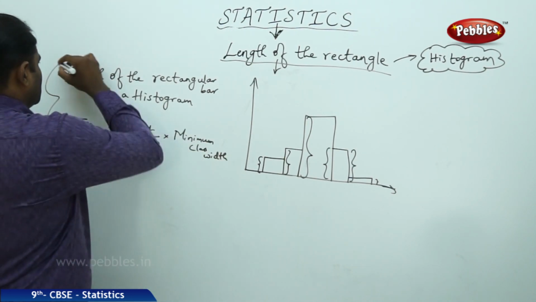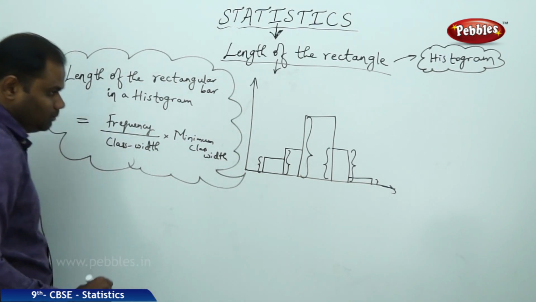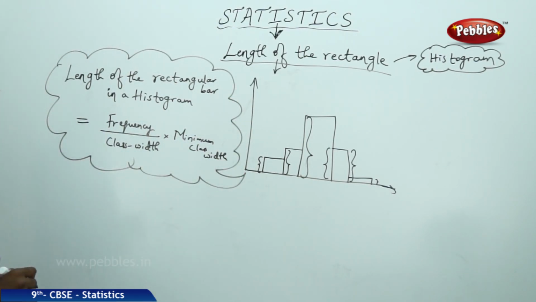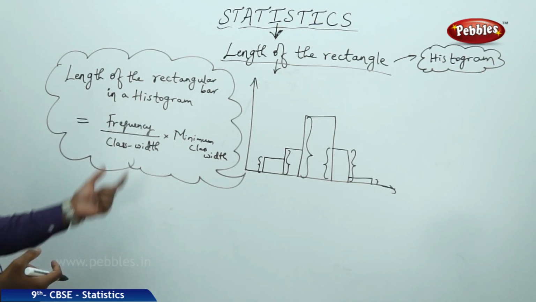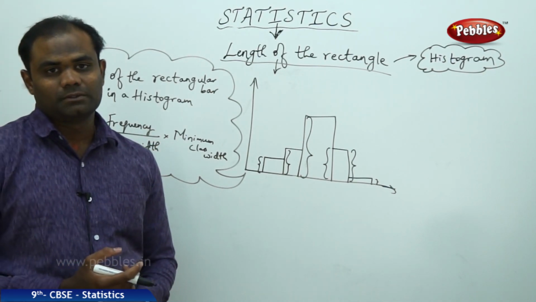This is the formula we're going to use in finding the length of the rectangular bar: frequency by class width into minimum class width.